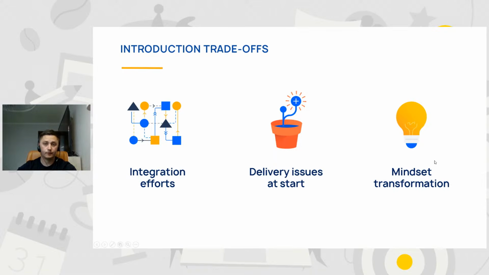And the mindset transformation, that's always a very tricky point because you cannot just say we go with the product approach, but stick with the project approach. In this case, everyone within the team first and within the business executives, they should understand why they need it, what benefits the product approach delivers, and why there is no sense in continuing with the project approach.